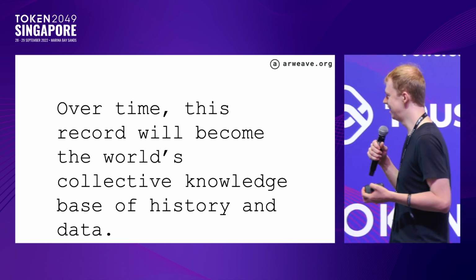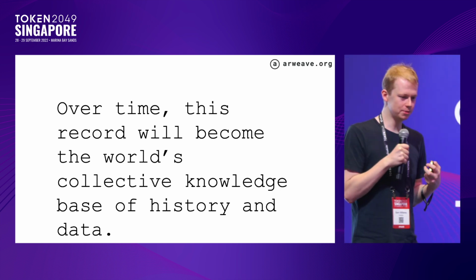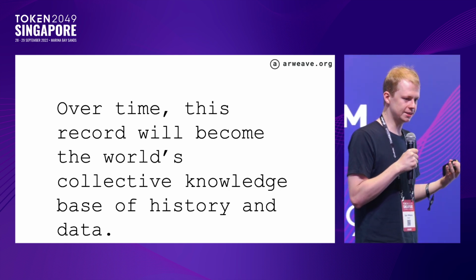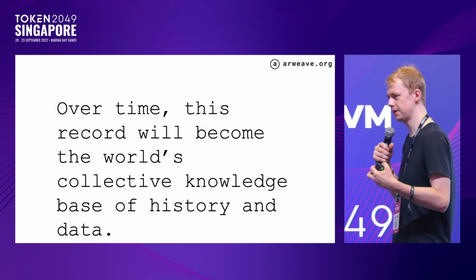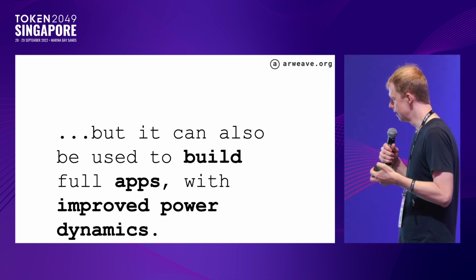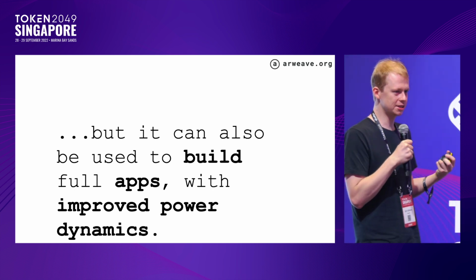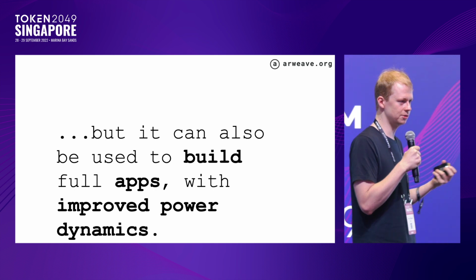Okay. So over time, we think that this collection will become the sort of basic knowledge set of humanity. We want to make it so that anyone can contribute any knowledge that they think is useful to other people over long periods of time. But it can also store apps, which is a little bit tangential, you would think. But we kind of see that applications are essentially knowledge for computers.